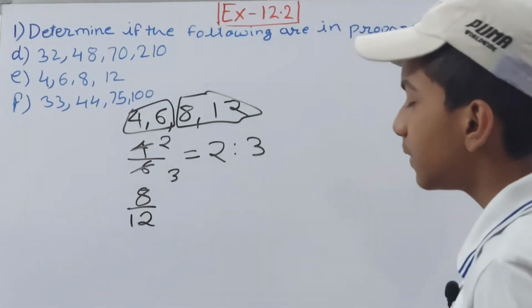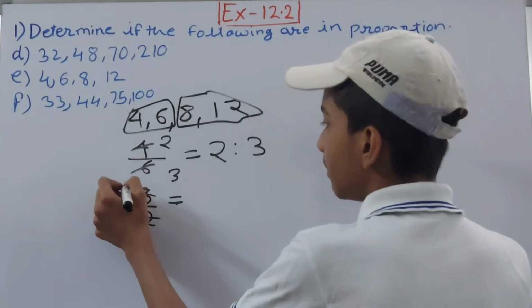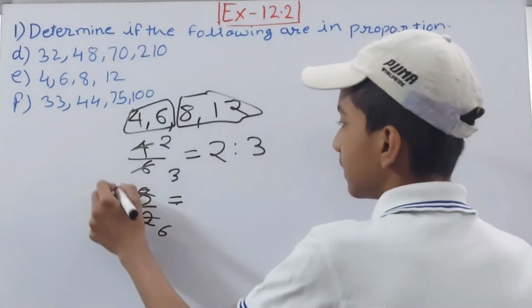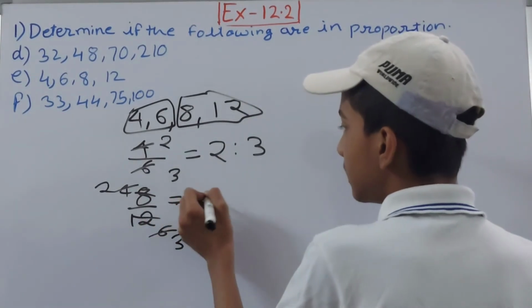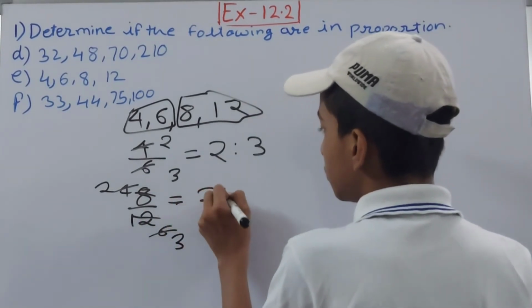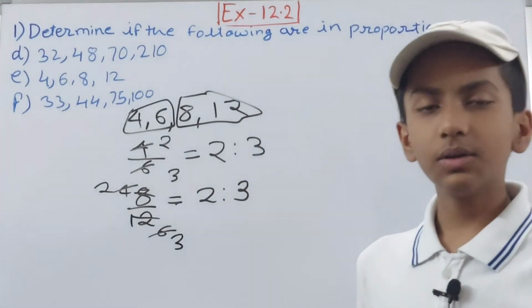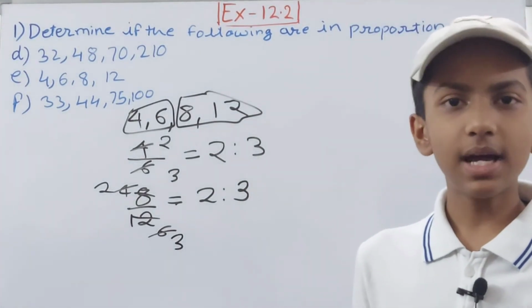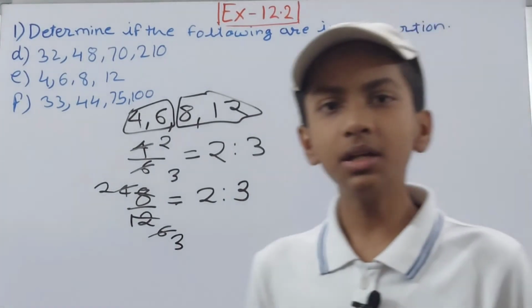And here, 8 upon 12, by 2 this will be 4 upon 6, and then 2 and 3. So this becomes also 2 is to 3. You can see both of the ratios are the same. So that means the 4 numbers 4, 6, 8 and 12 are in proportion.